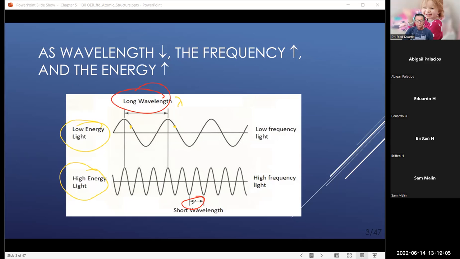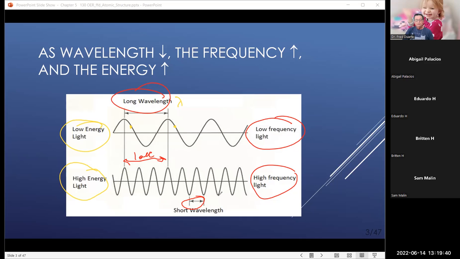Now, within a given time unit of 1 second, you can see that in that time span, there's 1 wavelength, 2 wavelengths on top, whereas down here we have 1, 2, 3, and 4. So the bottom one has a high frequency, where the top one has a low frequency with respect to each other.